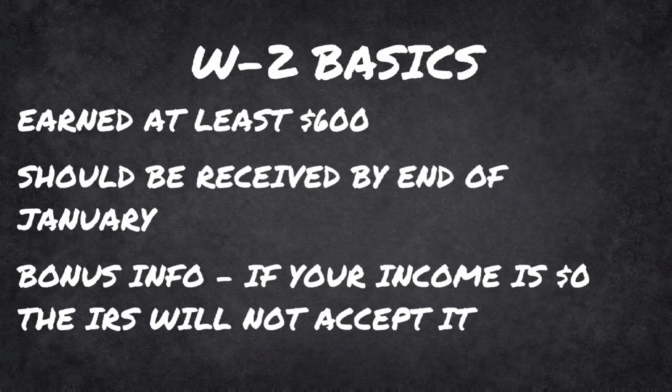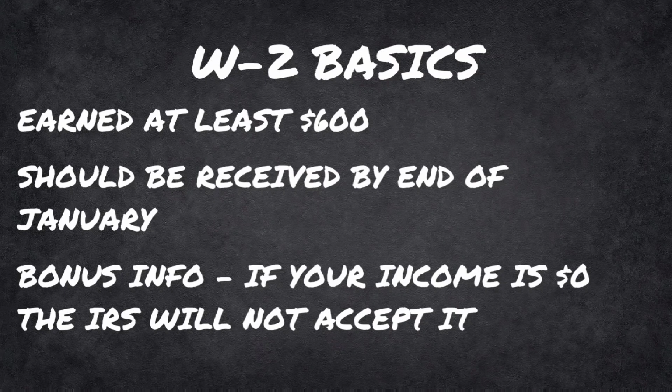And if they don't know or haven't sent it or can't send it, then you can contact the IRS and request a printout of your income for the year that you're trying to file for. Or you can also fill out a form and just report your income.